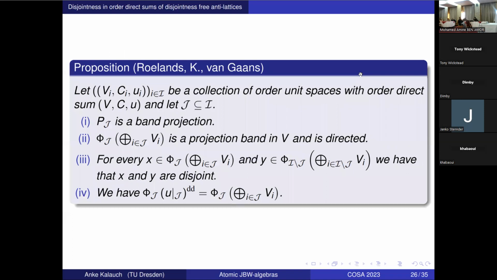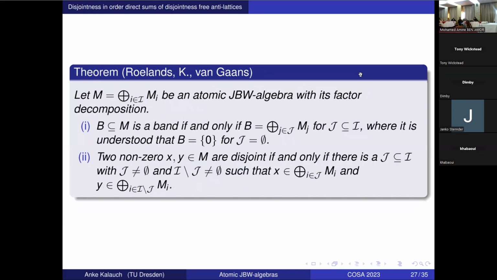If you have a collection of order unit spaces and you take the order direct sum, then whenever you can split the index set, they are practically indifferent of these components. So with such structures, one can clarify disjointness easily.